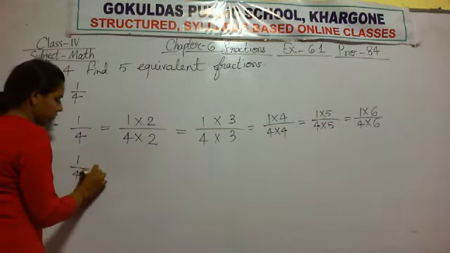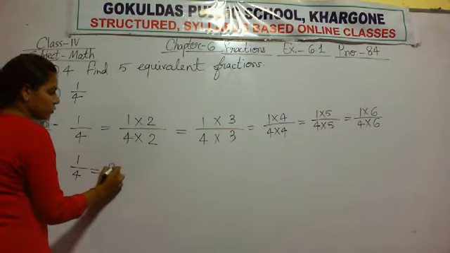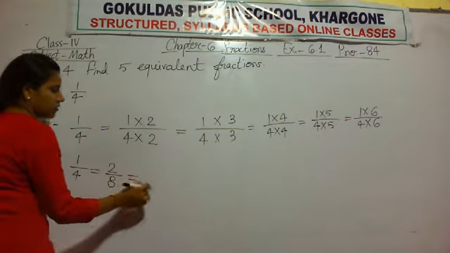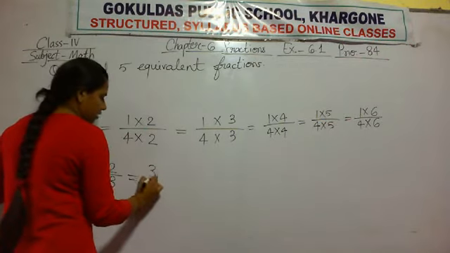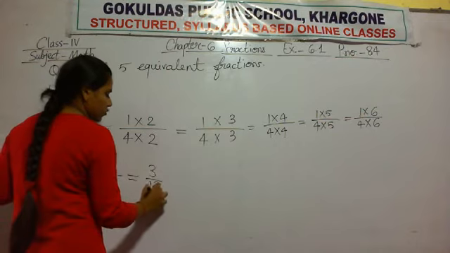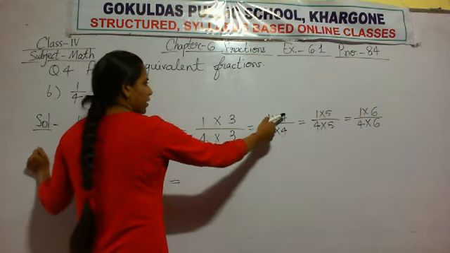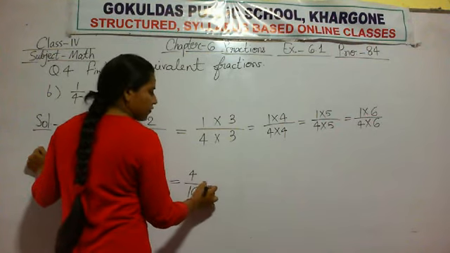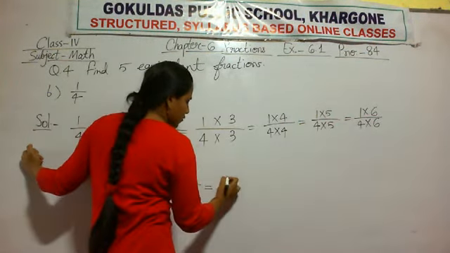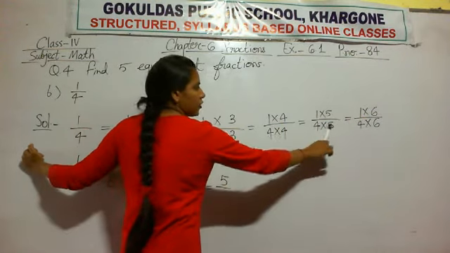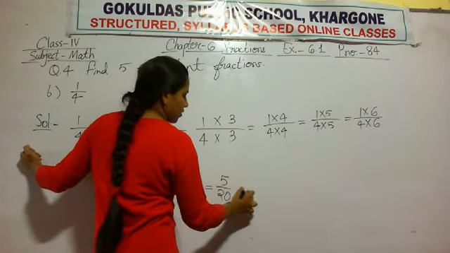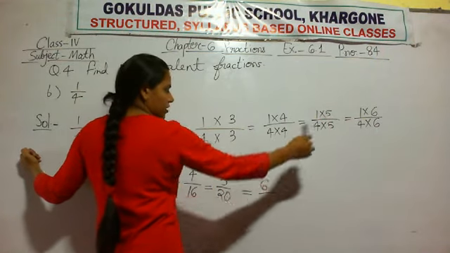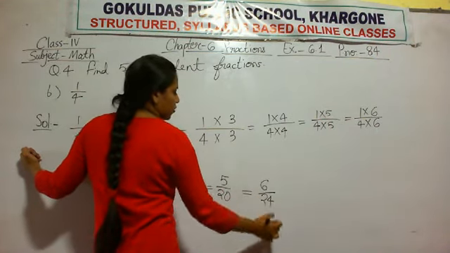1 upon 4 is equal to 1 into 2 is 2 upon 4 into 2, 4 2s are 8. 1 into 3 is 3 upon 4 into 3 is 12, is equal to 1 into 4 is 4 and 4 into 4 is 16, is equal to 1 into 5 gives 5 upon 4 into 5 gives 20, is equal to 1 into 6 gives 6 upon 4 into 6 gives 24.